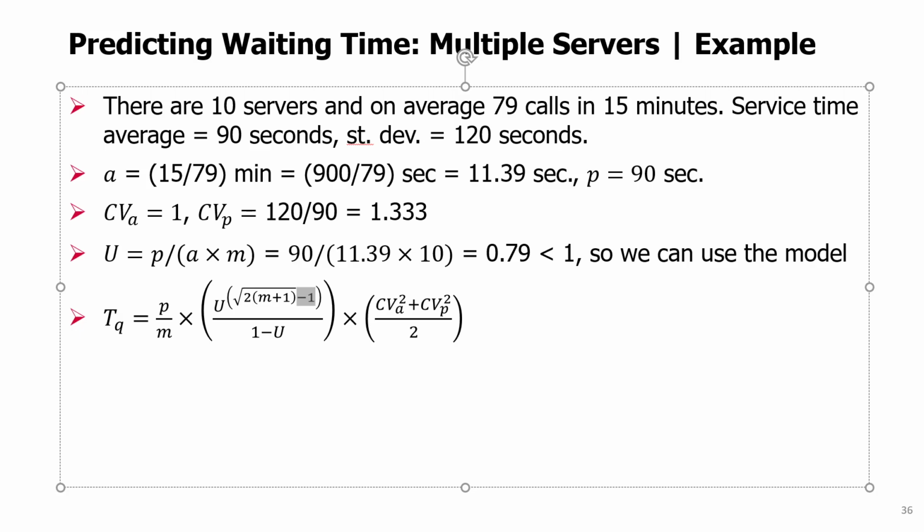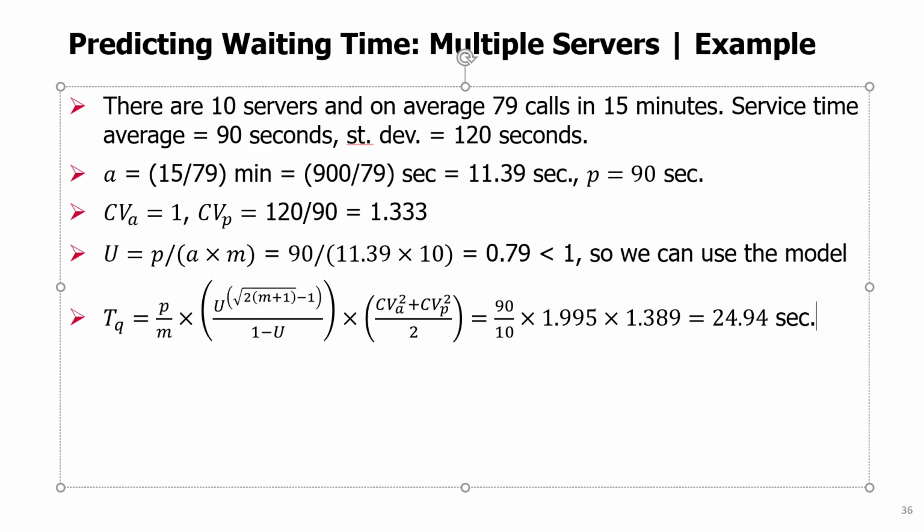These are the two differences. So if you do the calculation, we're going to get 90 over 10 times the factor here, which will be 1.995, and the variability factor will be 1.389. Actually, it's the same as before, and that will give us 24.94 seconds after slight rounding.